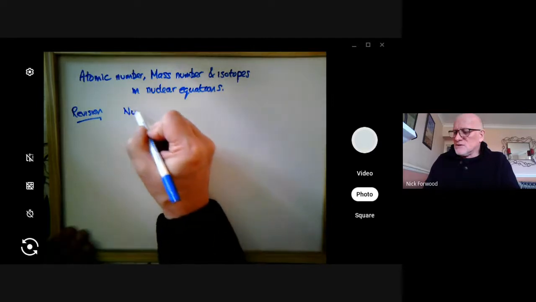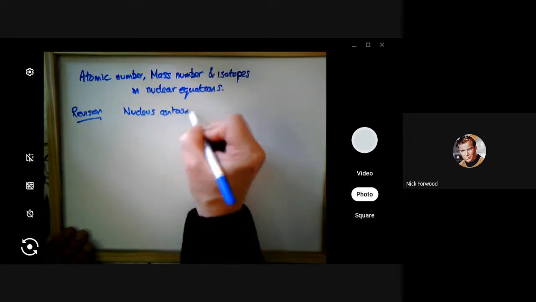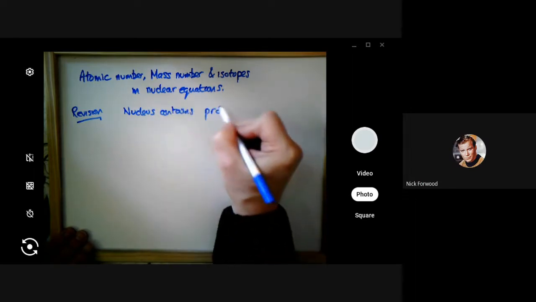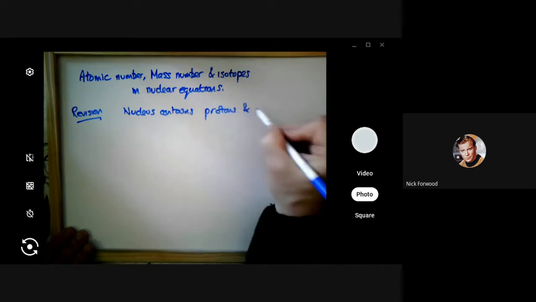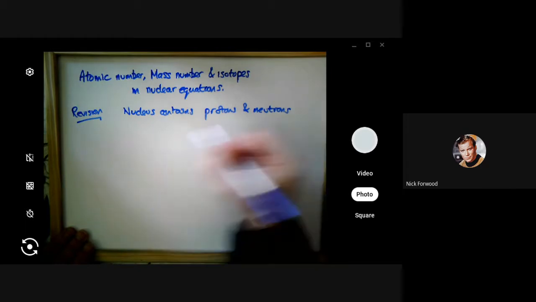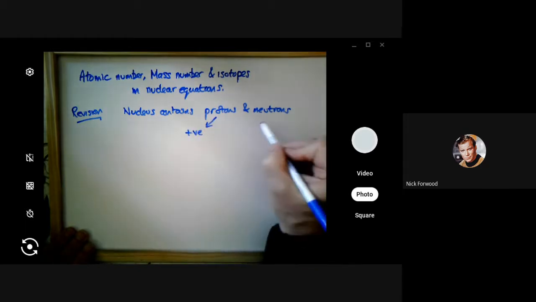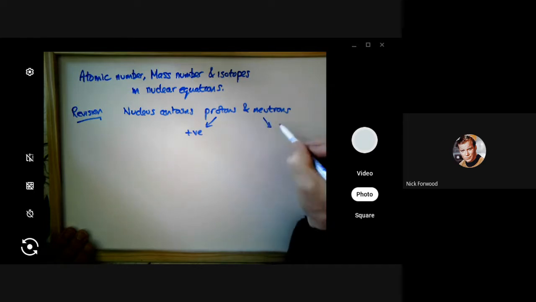The nucleus contains protons and neutrons, and our protons have a positive charge and our neutrons are electrically neutral.